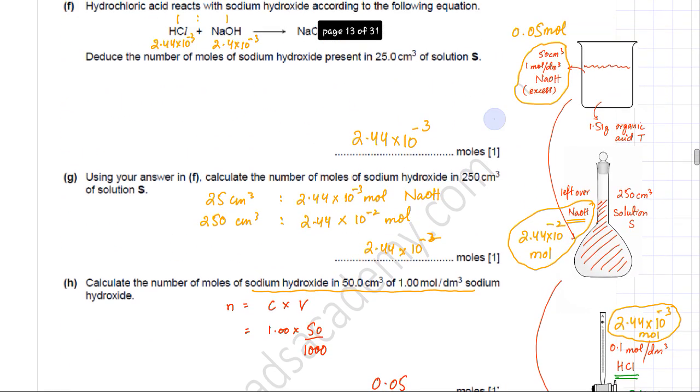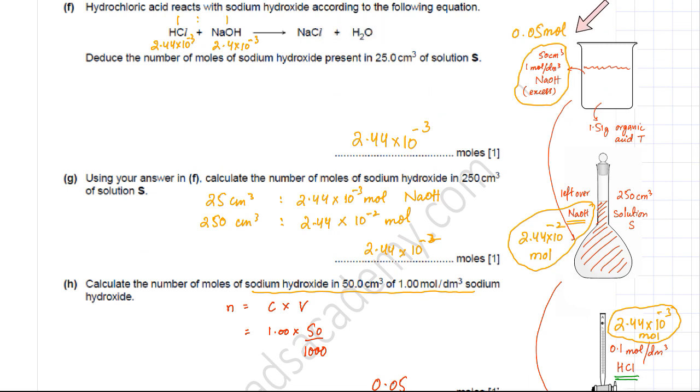Once more, these were the moles of NaOH originally added to react with the organic acid, but since they were in excess, some were left over at the end of the reaction, and were transferred to the volumetric flask.